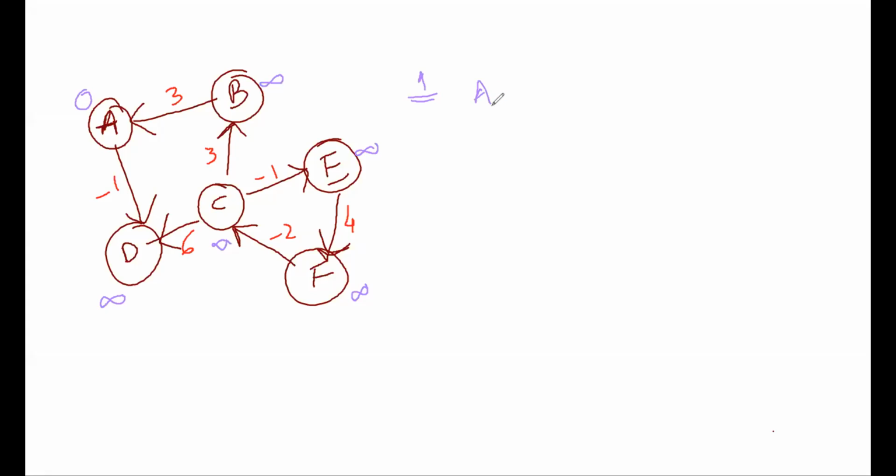Sorry, it's not A to B. It is A to D, then B to A, C to B, C to D, C to E, E to F, and C to F.